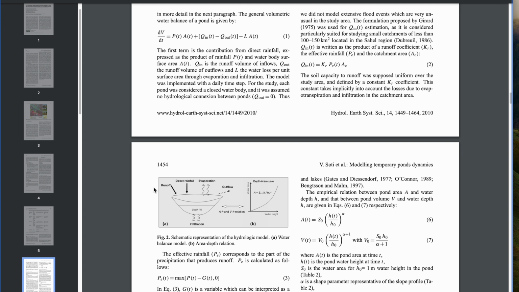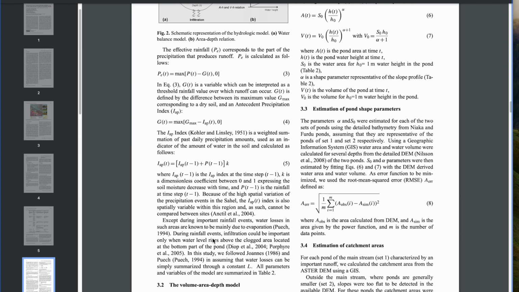That adds to the equation, but what's coming out of the pond are the evaporation as well as the infiltration factor, and balancing this inflow and the outflow can help us derive all these area-depth relations as well as the volume relationship.